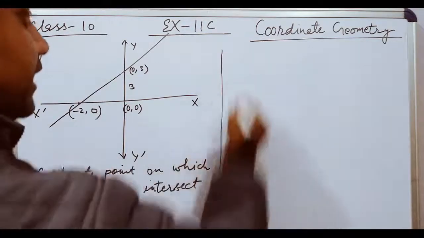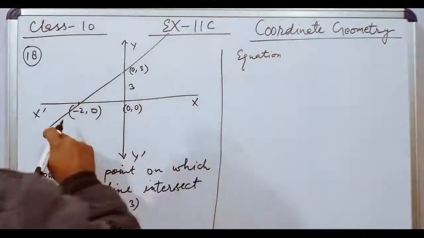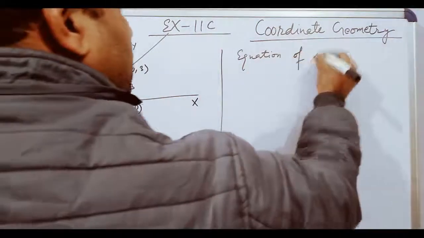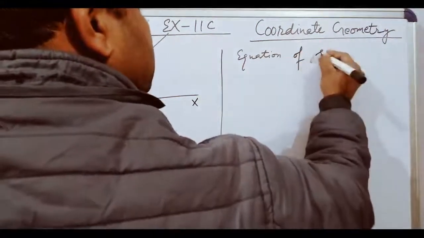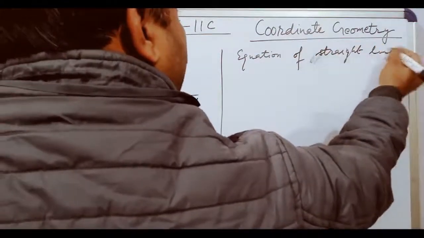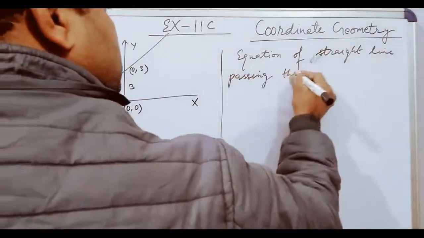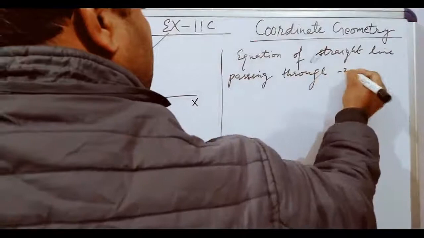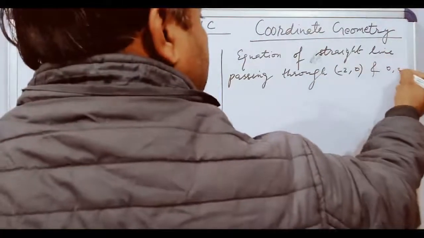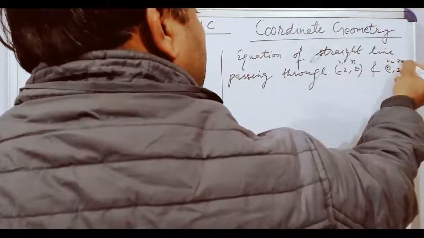So we have to find the equation of the straight line passing through (minus 2, 0) and (0, 3). So this is x1, y1, x2, y2.